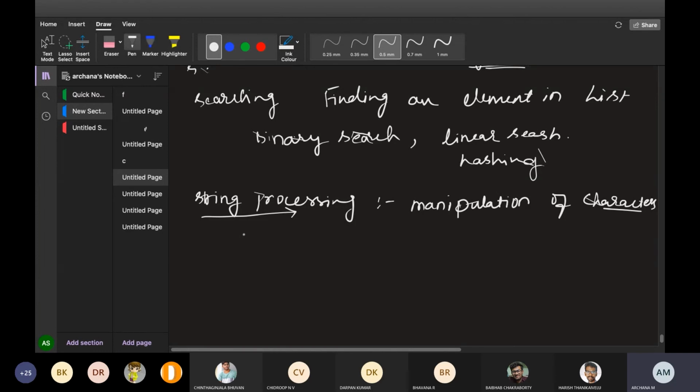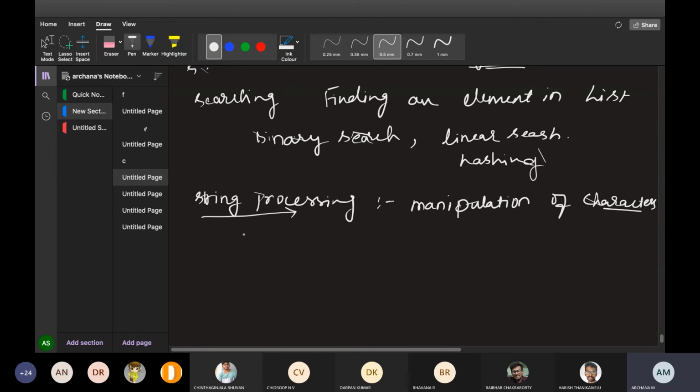You people know all these string functions, we have done them, right? Copying a string, concatenation of two strings, replacing the string with upper or lower letters, deleting a string, then string matching. These are all the different processings we can do with strings. Whatever string manipulation functions you have, the same thing we will be doing here. That you people have to study. That is the basics of data structures.